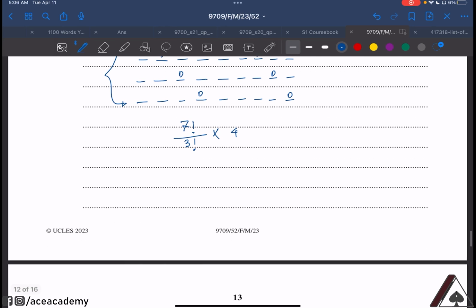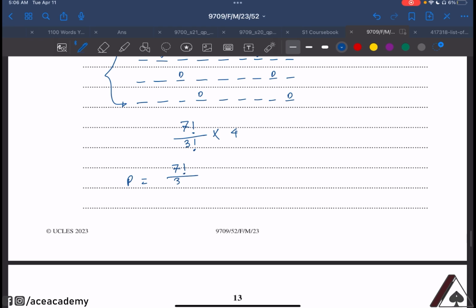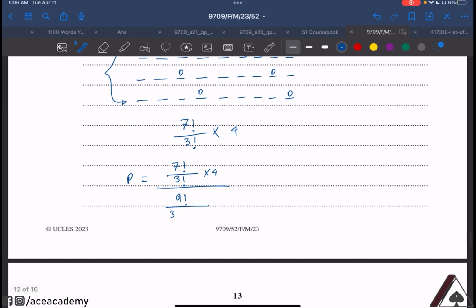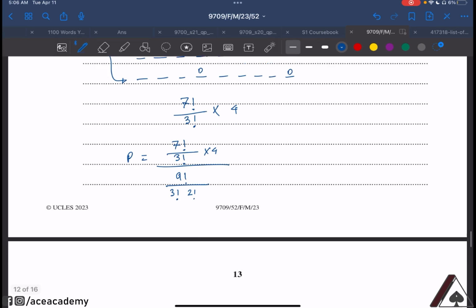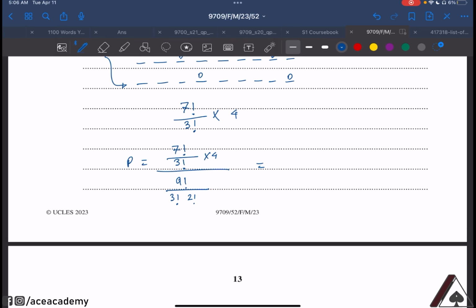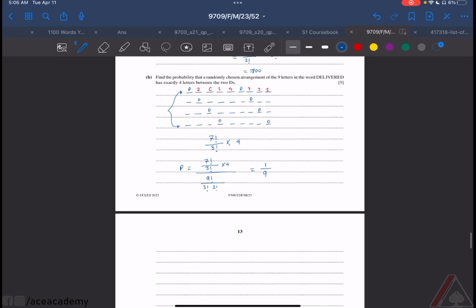And then to find the probability, we divide by the total, which is 9 factorial because there are 9 letters, divided by 3 factorial into 2 factorial because there are 3 E's and 2 D's, and both are identical and repeated. That's why they are divided. So the answer will be 1 by 9.